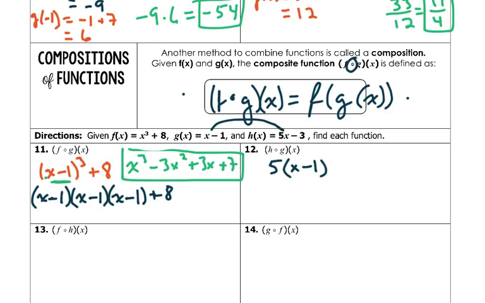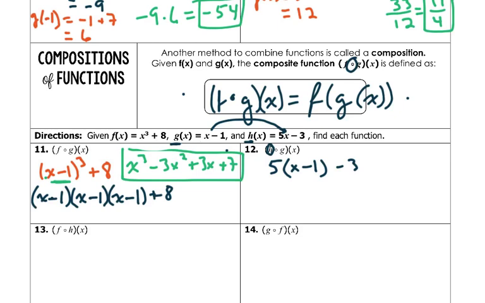This is getting plugged in right there. Again, h is what we're using as our base, and then we're plugging g into h of x wherever we see x. So 5 times x minus 1, and then minus 3.